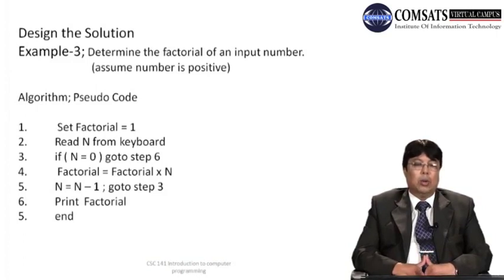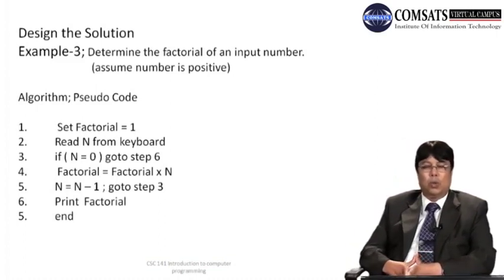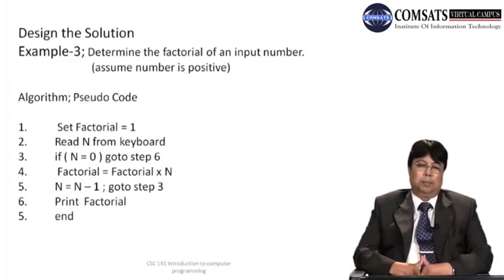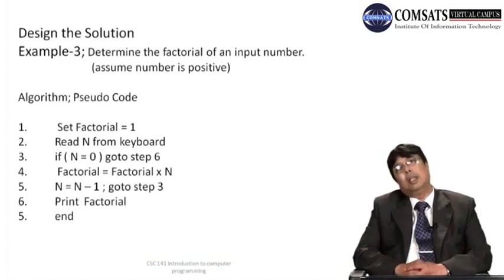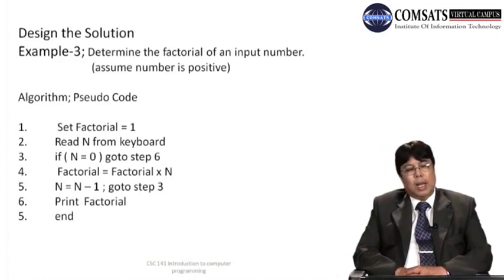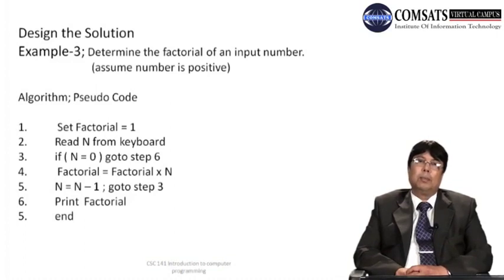But if it is not 0, if it has some higher value, then we say factorial is equal to factorial multiplied by n. So you multiply it, you know the initial value of factorial was 1, and you have multiplied it now with n. Then next step, n is equal to n minus 1.